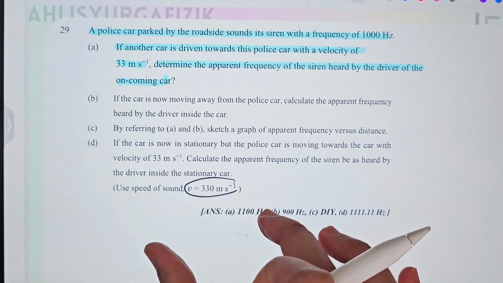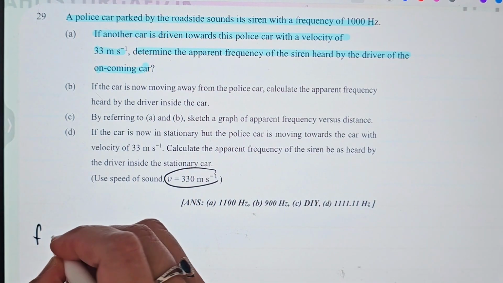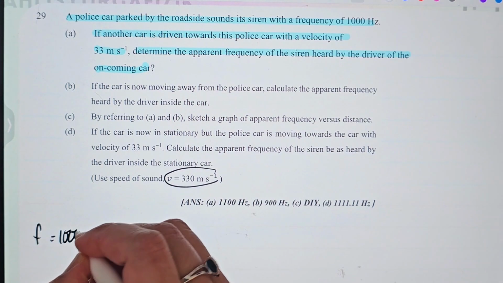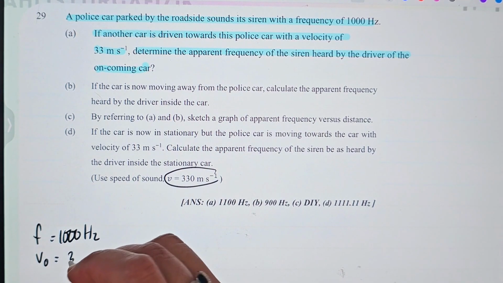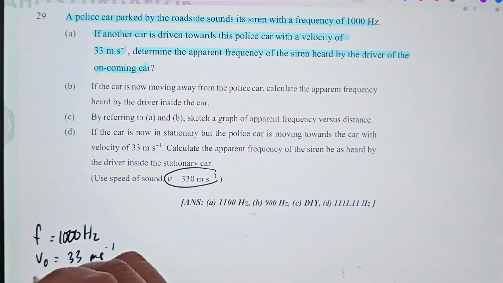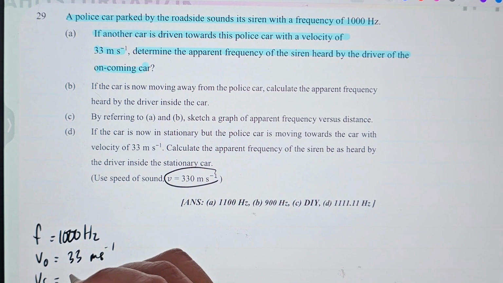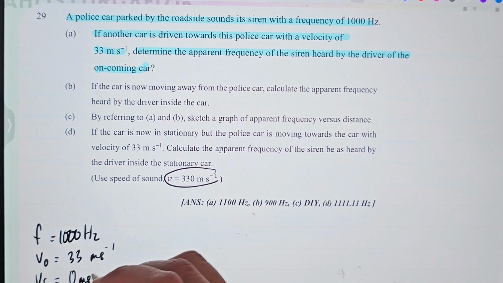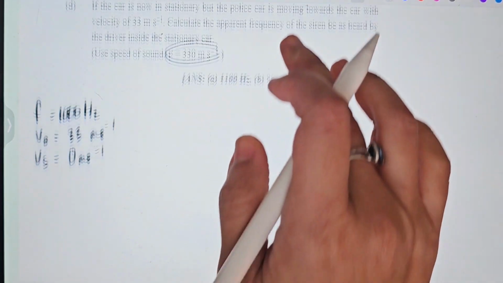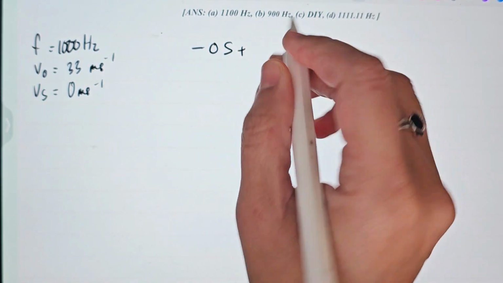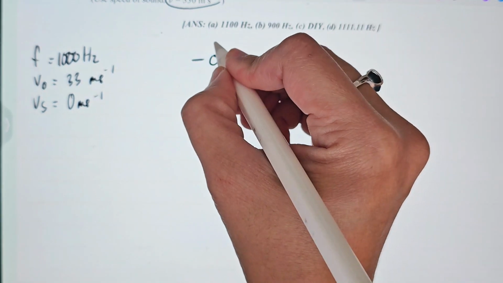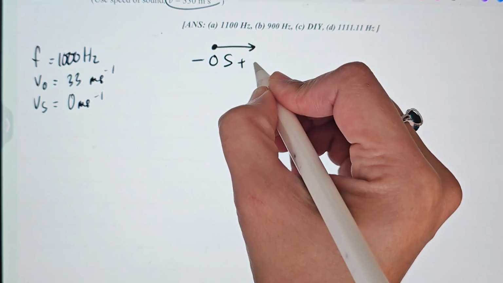Let's do the listing. We have here the frequency 1000 Hz. The V of the observer is 33 meters per second, and obviously the source is 0 meters per second. So we're going to use negative O as positive. From here, the one that is moving is the observer towards the source.